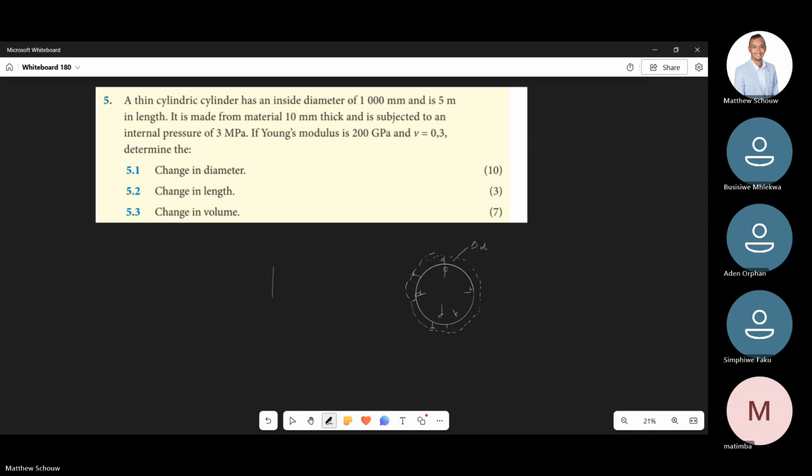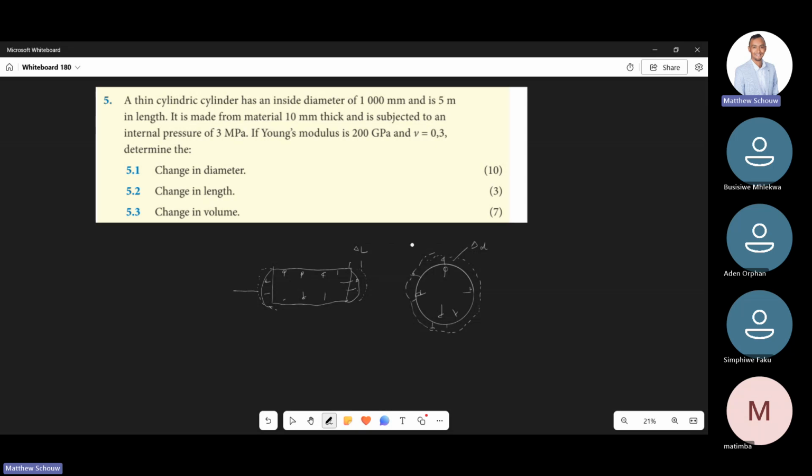Likewise, if I draw a vessel in side view like this, we have internal pressure all over the walls, and the vessel will also increase in length. The pressure will make it a bit longer. So this space here is called the change in length.